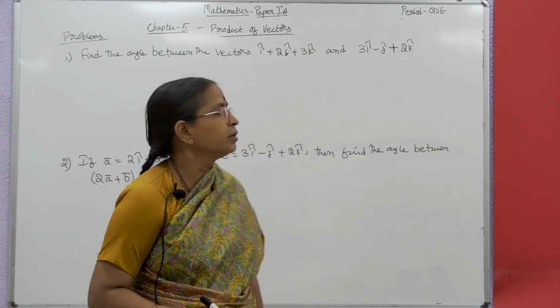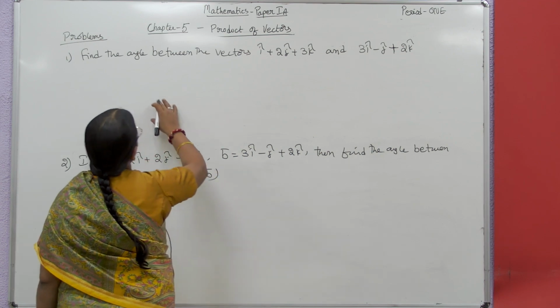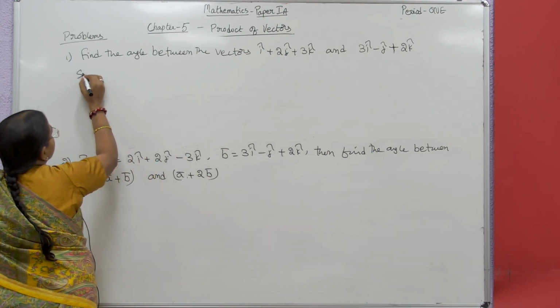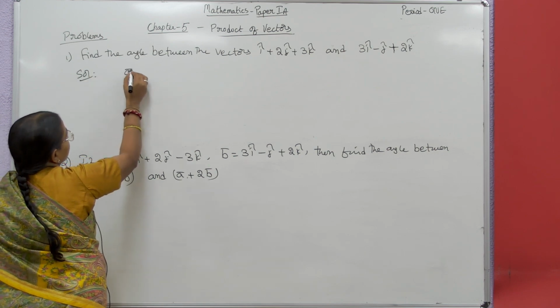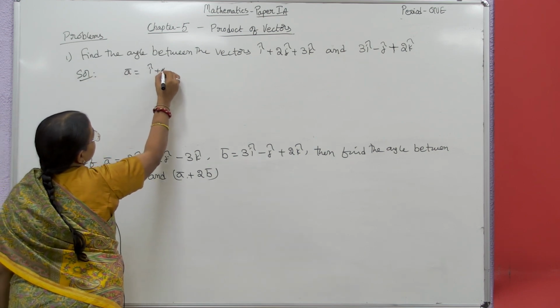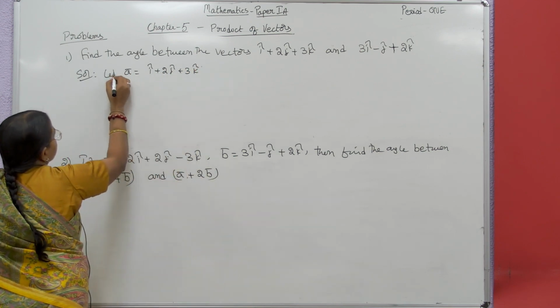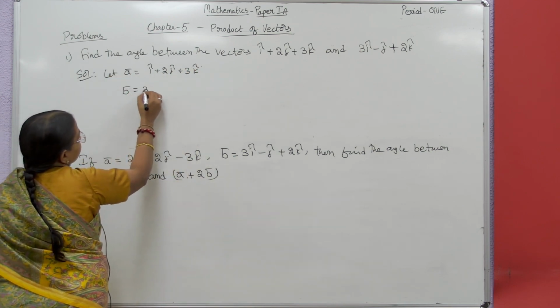We'll solve the problem. First problem, find the angle between the vectors. These are the two vectors. So we take the vectors as A and B. A is equal to I plus 2J plus 3K. Next B is equal to the second vector.